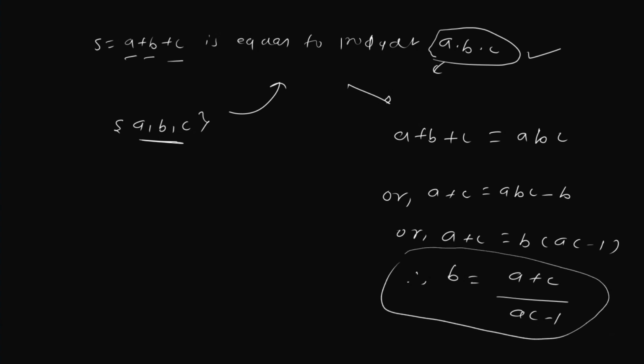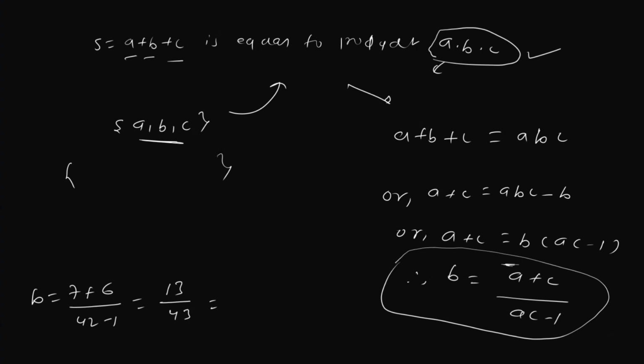Okay. So what are those values whose sum is equal to their product? Suppose let's have a equals 7, and c equals 6. Then b equals 13 upon 42 minus 1, which is 13 upon 43.